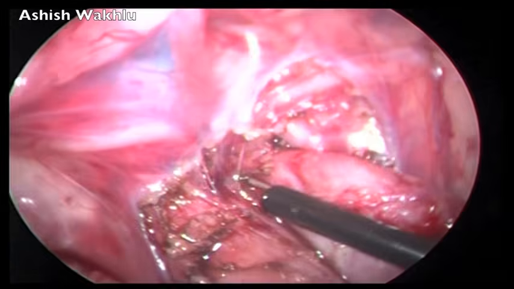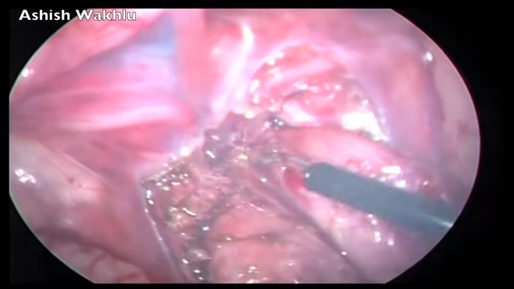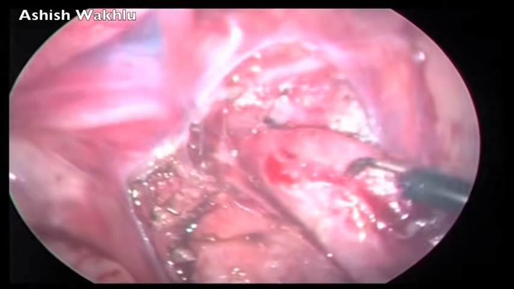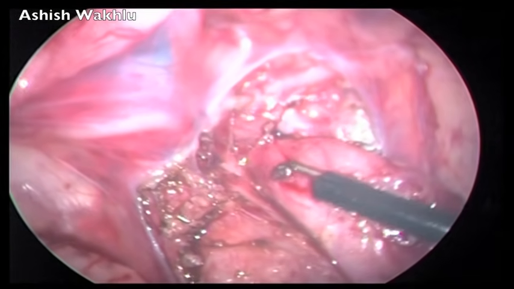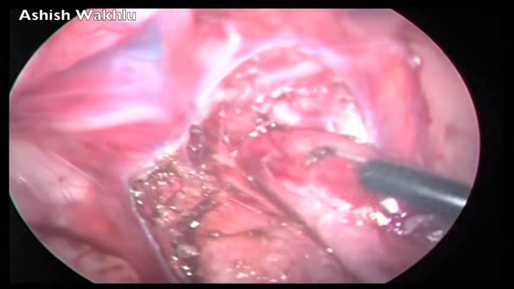So again, trying to stay safely away from the vas deferens and the seminal vesicles, and keeping the dissection close to the wall of the rectum.